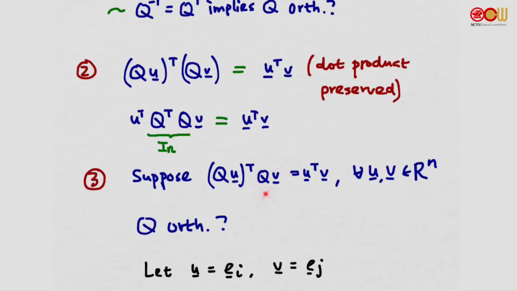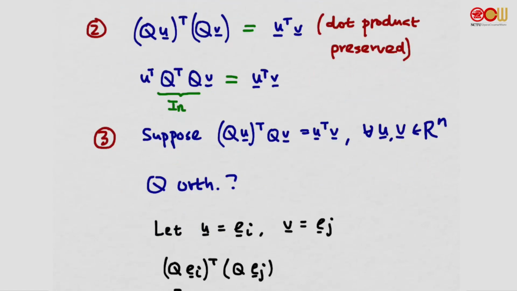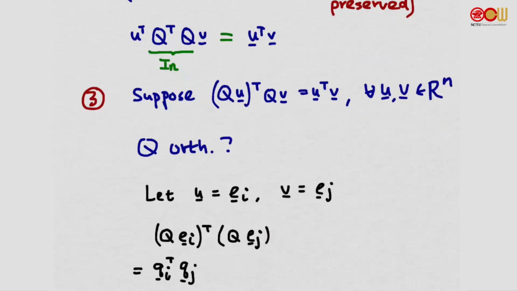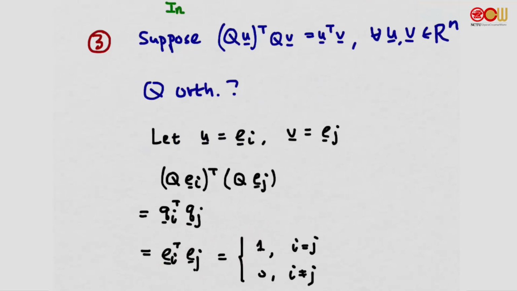Then we know the product QV will extract the jth column vector of Q. So on the left-hand side, we get (Qe_i)^T (Qe_j). Qe_i is the ith column vector, Qe_j is the jth column vector. Dot product is preserved, so on the right-hand side, what we get is the dot product of e_i and e_j.